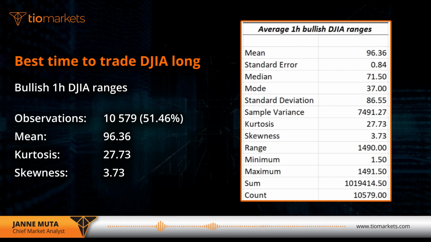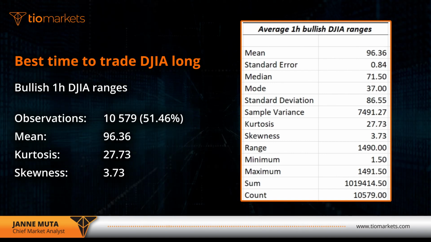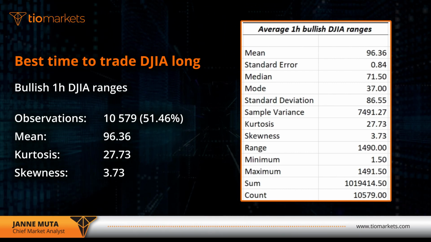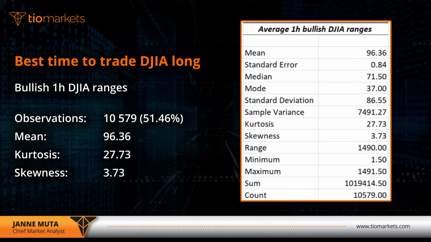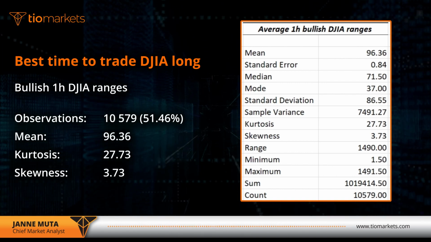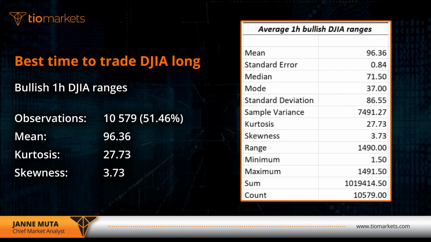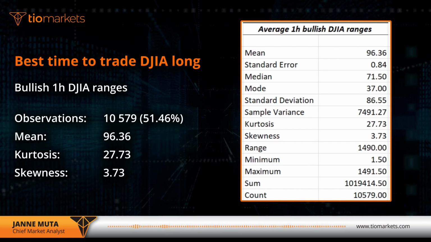Then the mean here is slightly smaller than in all the data, but again we have a high kurtosis and fairly high skewness as well. So yes, it means that there are those big values that we can find if we keep on filtering the data further.